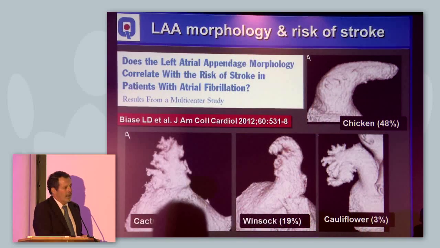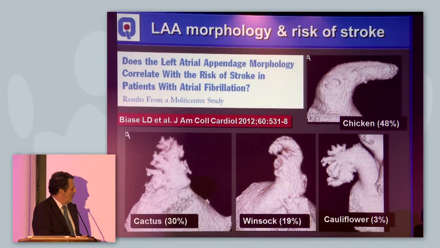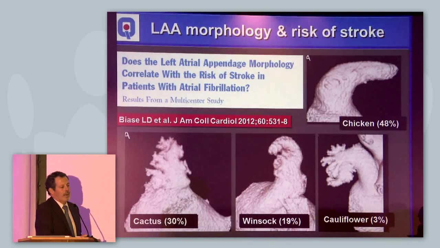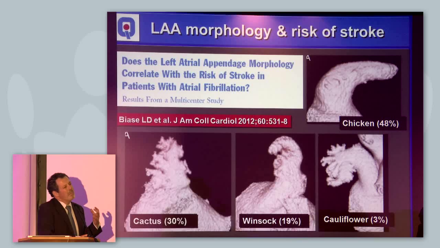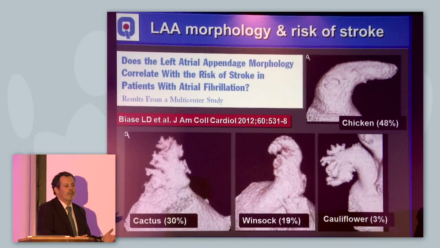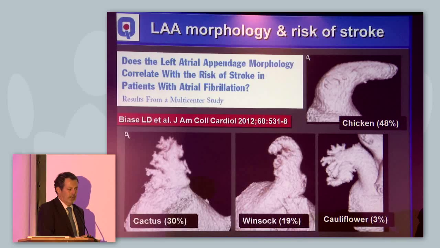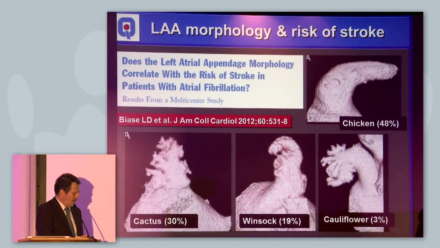As you know, it has recently been described by Di Biase, the CT scan and MRI morphology of the left atrial appendage.